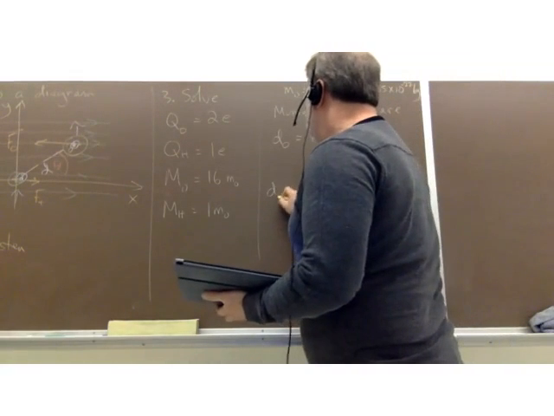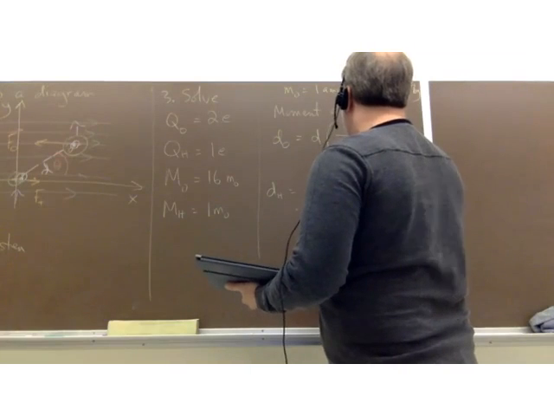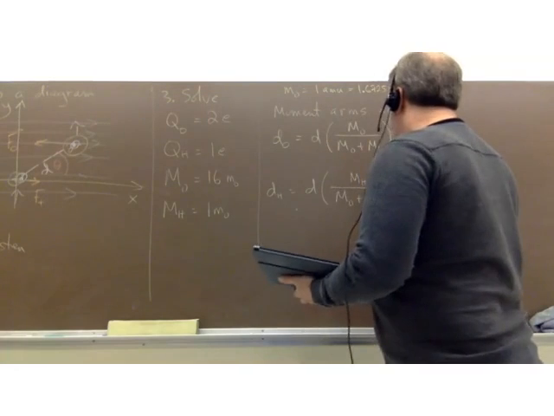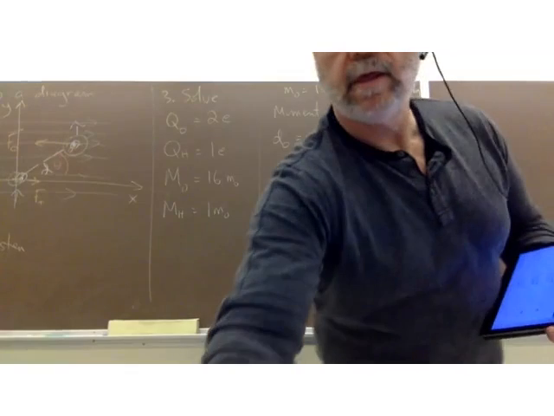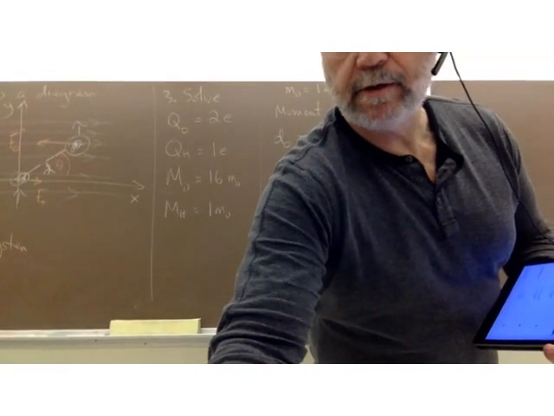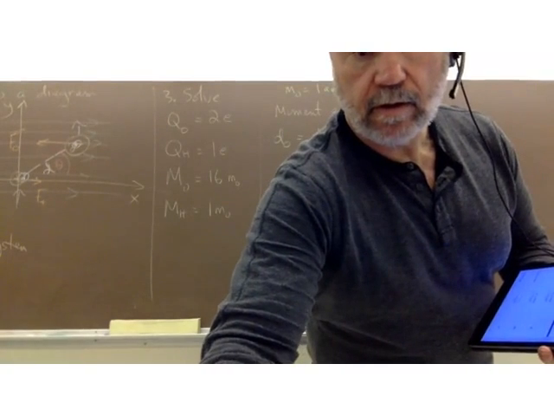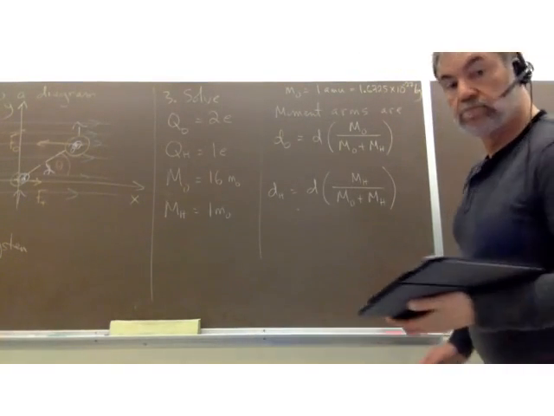Whereas the moment arm for hydrogen is D times M sub H over M sub O plus M sub H. This calculation here is simply the calculation for determining the center of mass.